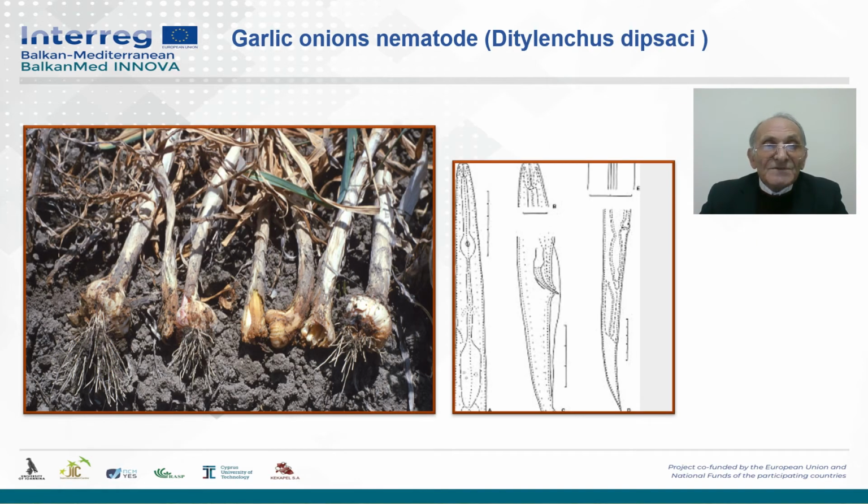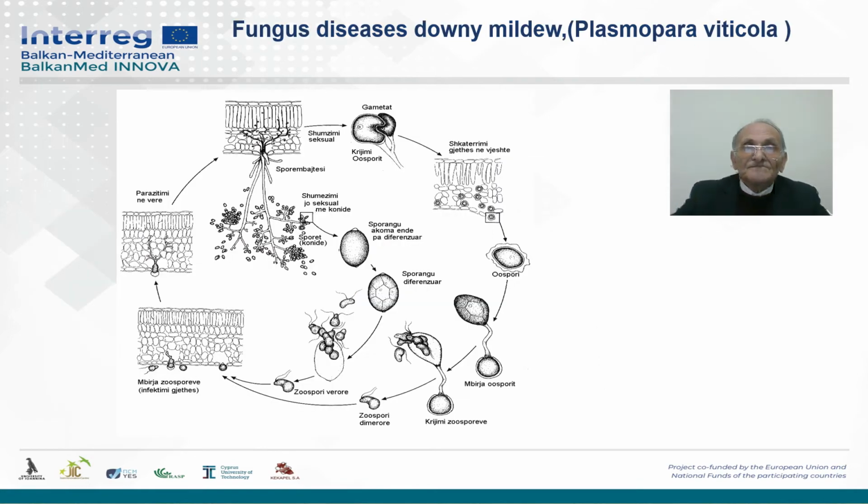We see here the symptoms. Ditylenchus dipsaci is a very dangerous nematode, and for garlic and onion it is very dangerous. If we don't respect plant rotation, it's impossible to harvest normal production from year to year.